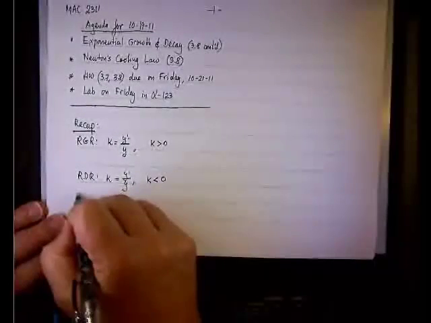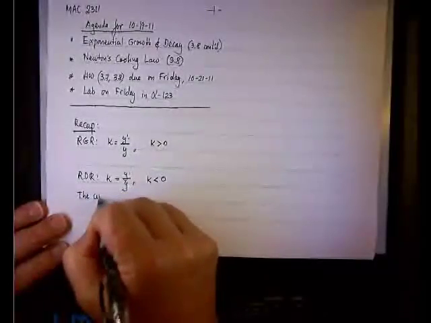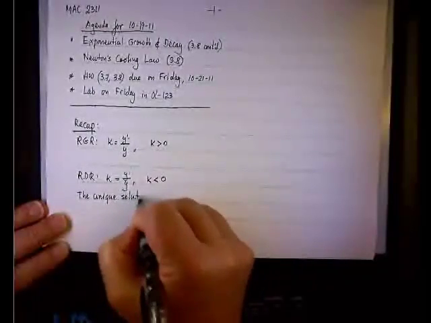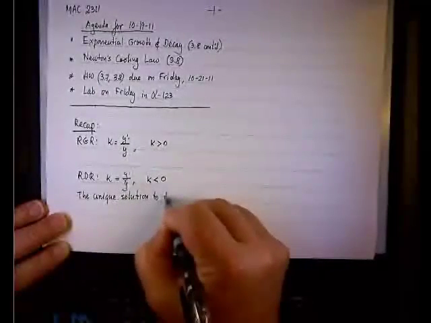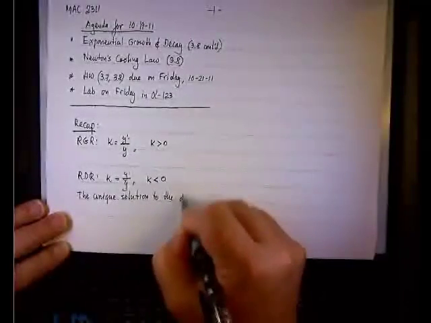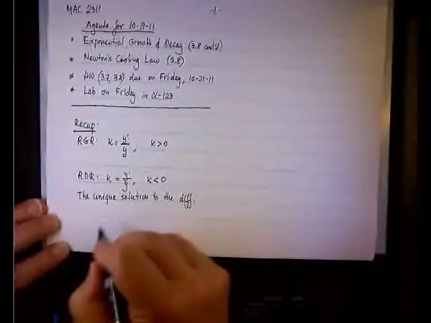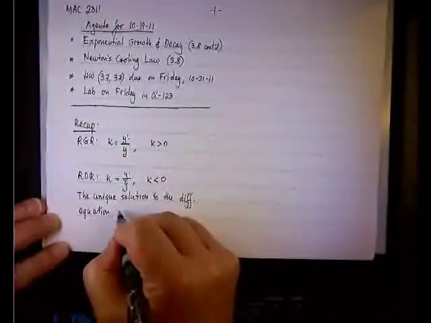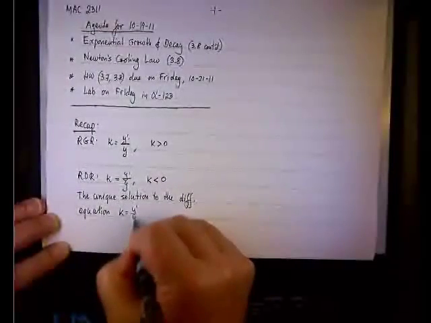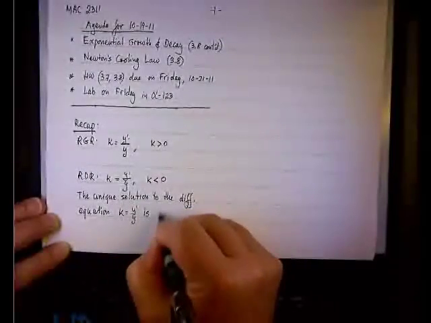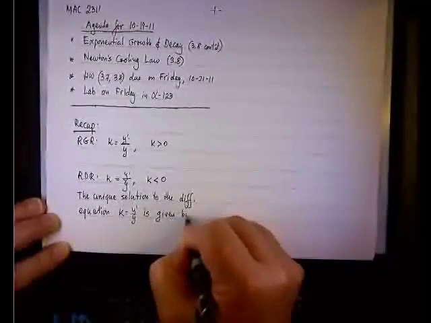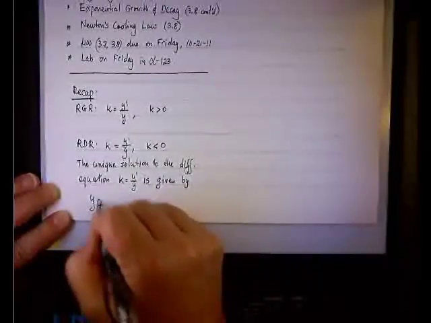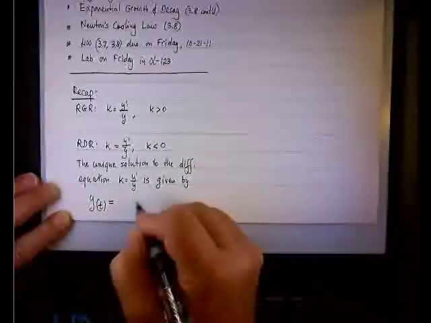And the theorem states that the unique solution to this differential equation k equals y prime over y is given by the following exponential function, or natural growth function. Some people give it that name.